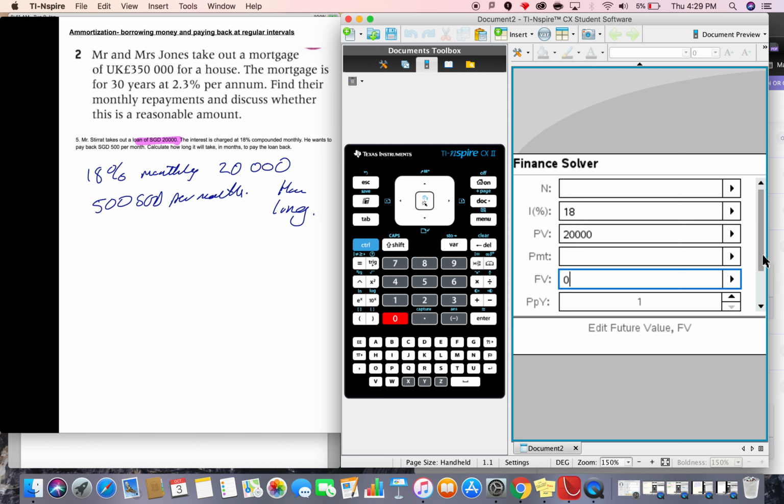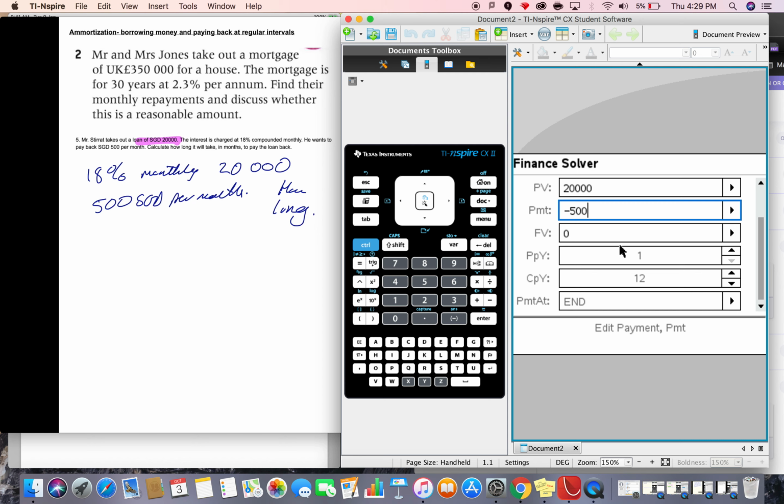And let's think about it. How many payments per year do I want to make, and how much do I pay per month? Well, it says very clearly that I'm paying 500 per month. So that's flowing away from me, so that's negative 500. And down here, how many payments per year do you want to make? Well, I want to make 12 payments per year because I want to pay each month.